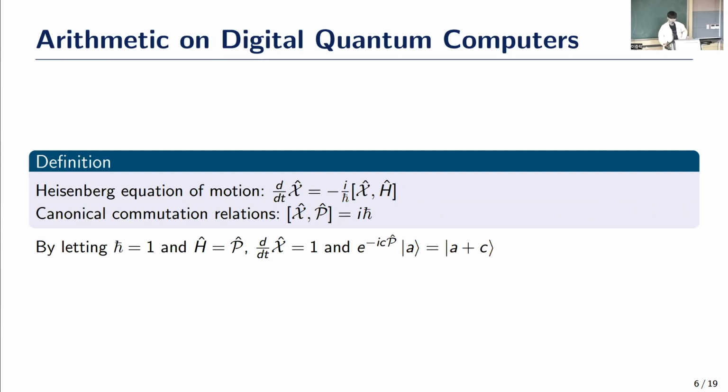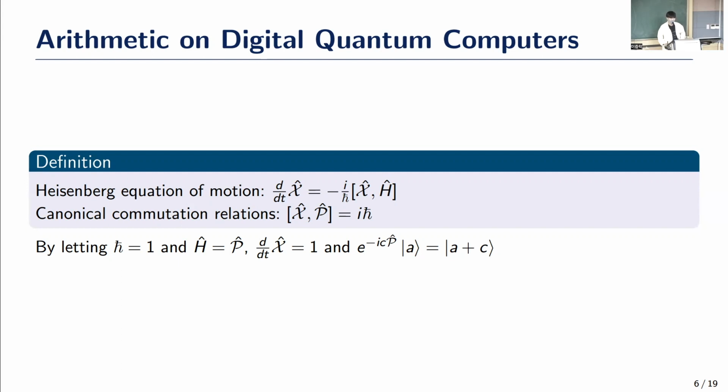And these two relations follow. The Heisenberg equation of motion means the time derivative of the position operator equals minus i over h bar times the commutator of the position operator and the Hamiltonian operator. And the canonical commutation relation means the commutator of the position operator and momentum operator equals i h bar.